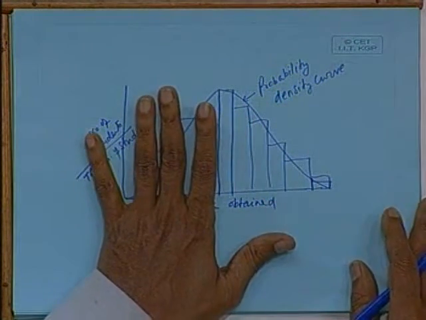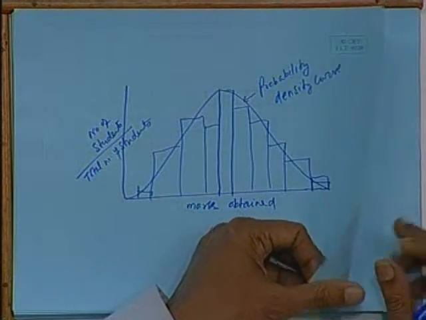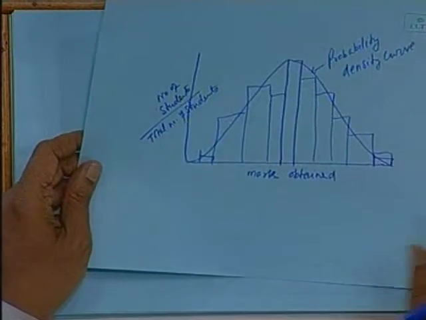This is basic probability theory. I suppose most of you should be aware of it, that if I take a very large number of samples, say 1000 samples, and I know how each sample behaves, I can represent that behavior in the form of a probability density function. Yes?